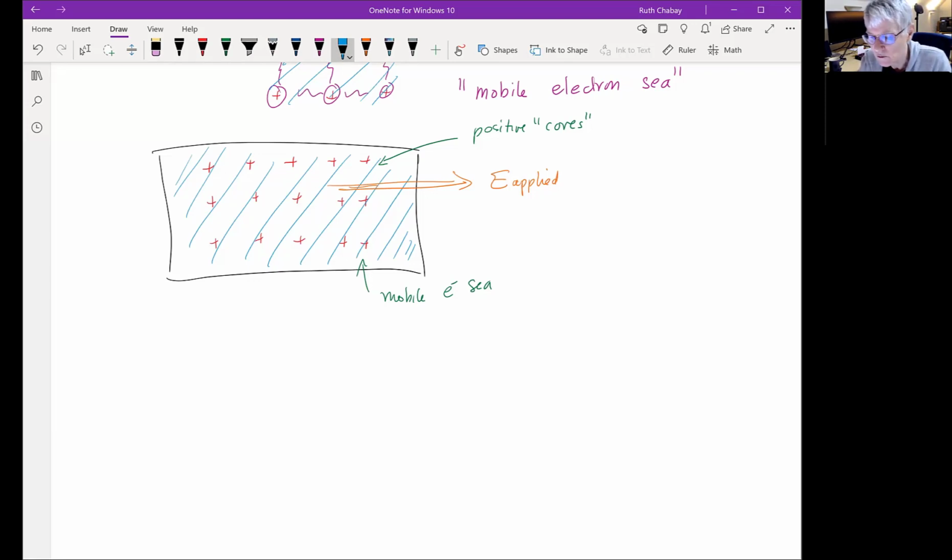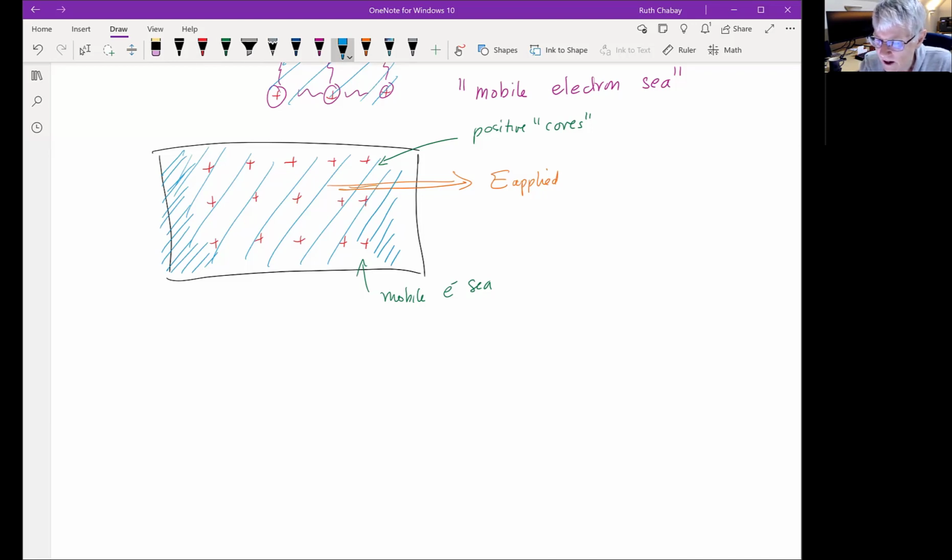Positive charges can't really move, but the mobile electron sea can shift to the left. So all these electrons are going to basically shift to the left, and we're going to have an area here where there aren't any mobile electrons.